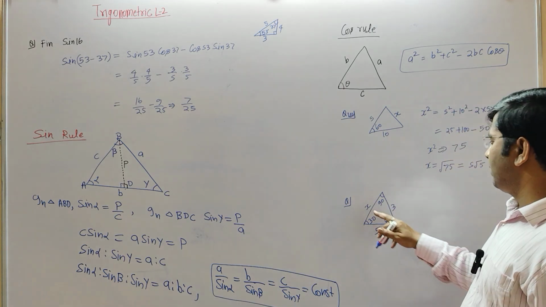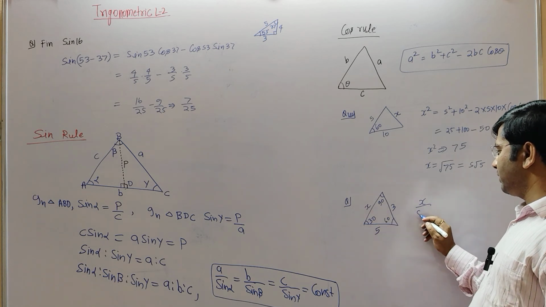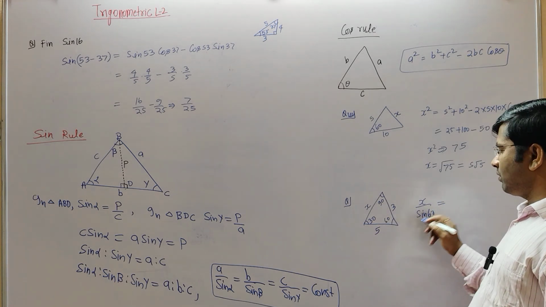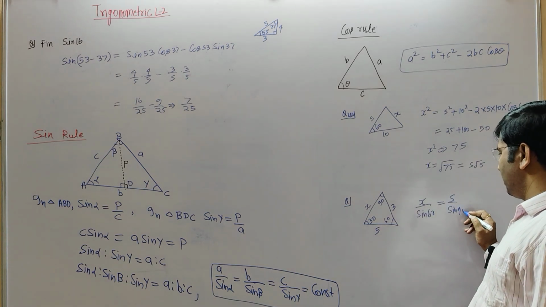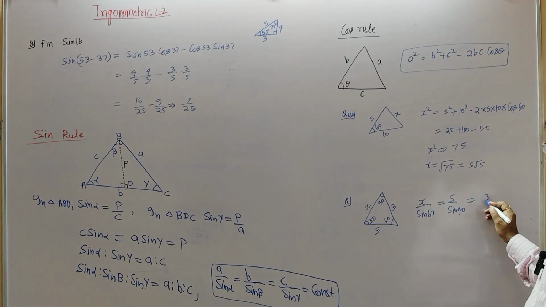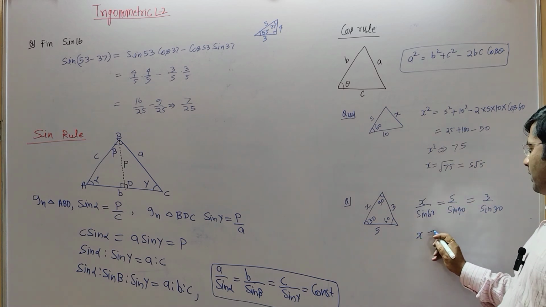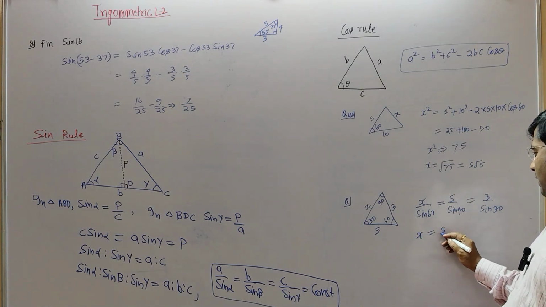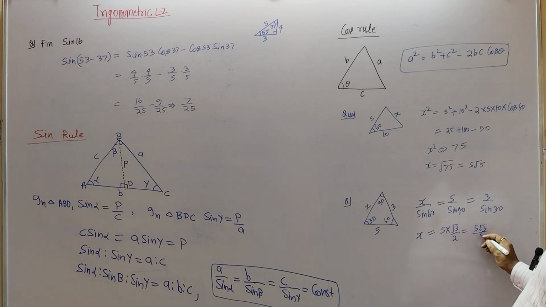So we can write x upon sine 60 equals 5 upon sine 90 equals 3 upon sine 30. Sine 90 is 1, so x equals 5 into sine 60. Sine 60 is root 3 by 2, so we get 5 root 3 by 2.